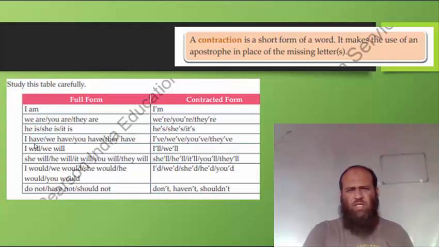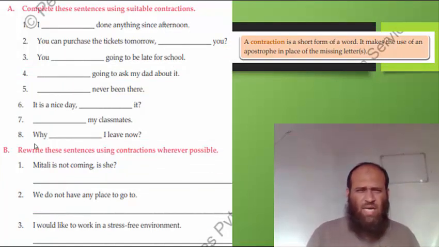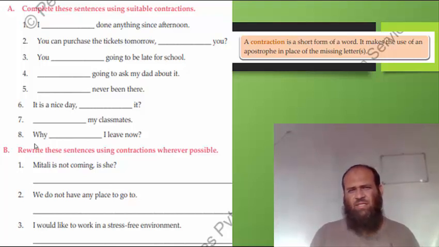Now, we are supposed to make suitable contractions in our first exercise, that is, I dash done anything since afternoon. So, what contraction will you use? I do not done hoga? No, that's not correct.